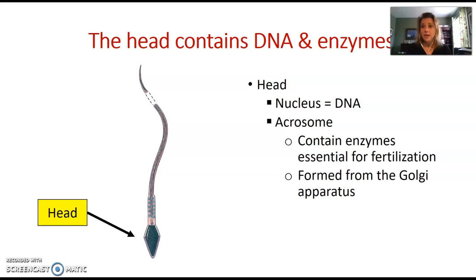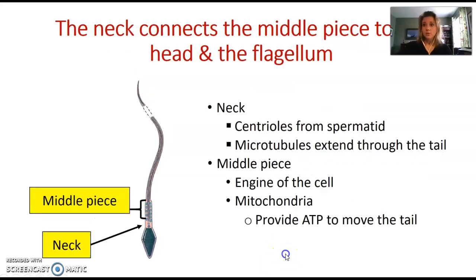And that's what the acrosome is for. It carries enzymes in order to do that, so that the genetic material from the sperm can combine with the genetic material that's found inside of the oocyte, and allow fertilization to occur.